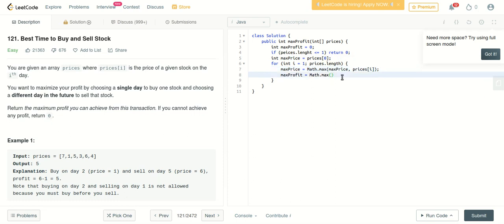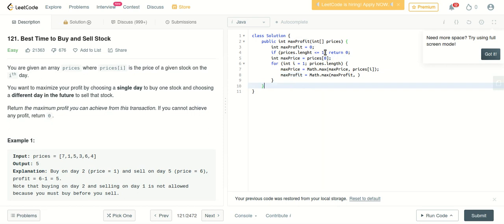The max profit would be the maximum of max profit till now. There seems to be a problem here: when are we buying this? Max profit, max price, which is fine, but we should buy this stock. Let's say we buy at the first place, and then if the price gets decreasing, we would buy at that minimum price, and we would sell at that price where we are getting the maximum profit.